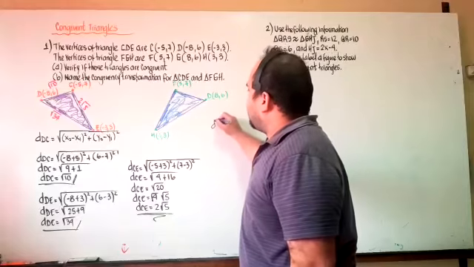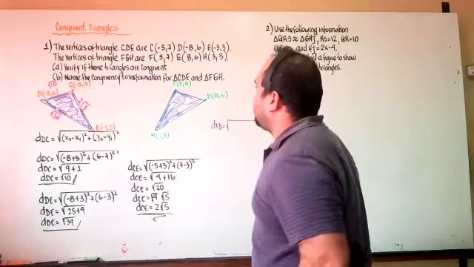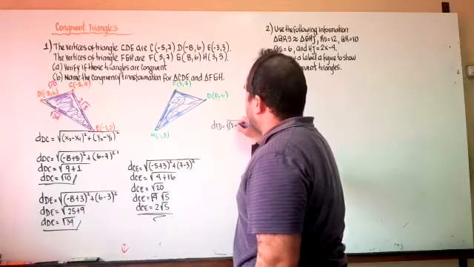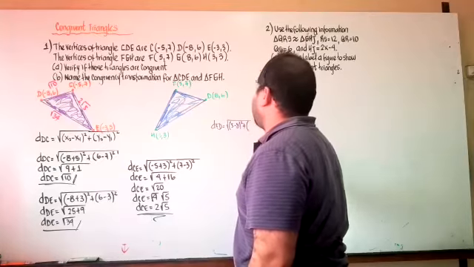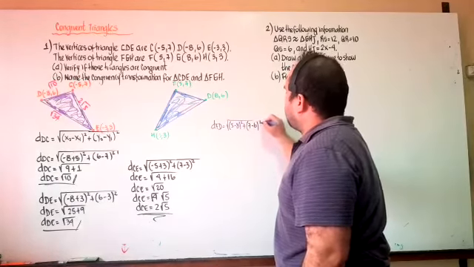So distance FD, remember, is the square root of 5 minus 8, second power, plus 7 minus 6, second power.